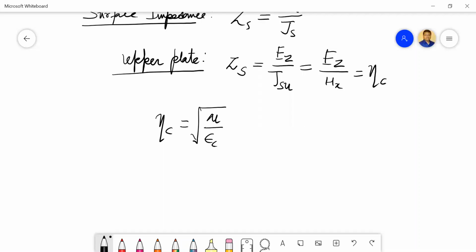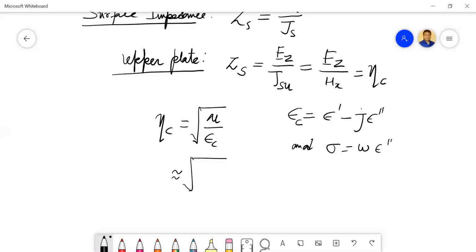We have the definition epsilon C is equal to epsilon dash minus j epsilon double dash. Also, we have sigma equal to omega epsilon double dash. Now, from these definitions, we can rewrite this as mu over minus j epsilon double dash, because this part is going to vanish for the conductors.